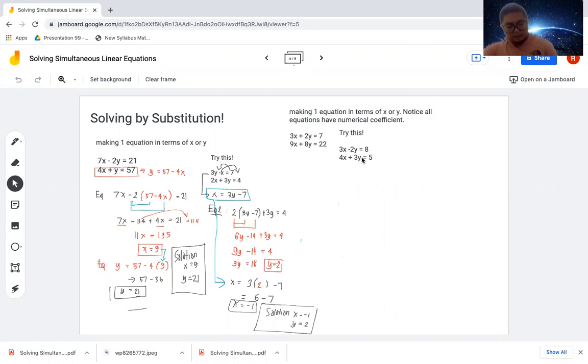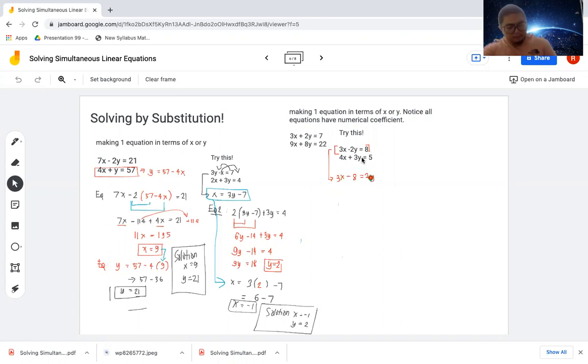And as you can see here, it would be easier if I change the first equation for me to get the third equation. So let's say, for example, I'm going to change this one. First, I'm going to rewrite it as 3x minus 8 is equivalent to 2y.